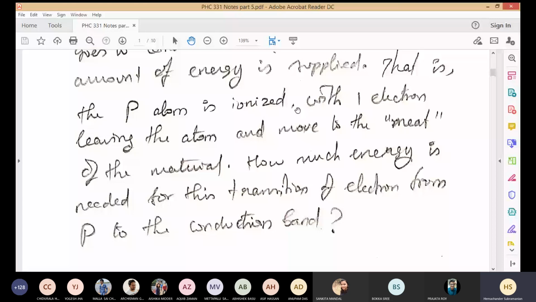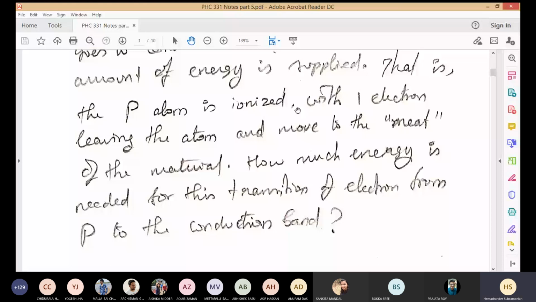So if you remove that electron, the phosphorus atom would become a positively charged ion. So that would attract the electron back. All right. So you will have a hydrogen atom-like scenario where you have a positive charge and the electron going around the positive charge. The free electron is not really free at all. It is bound to the phosphorus.